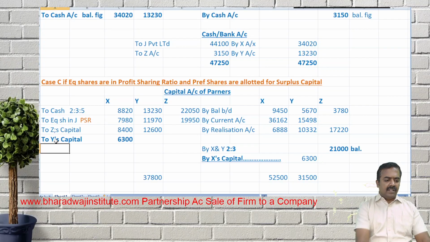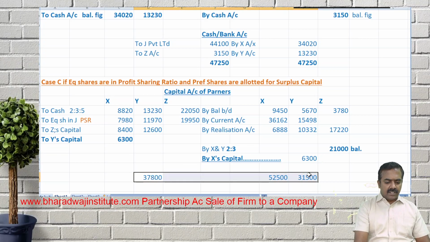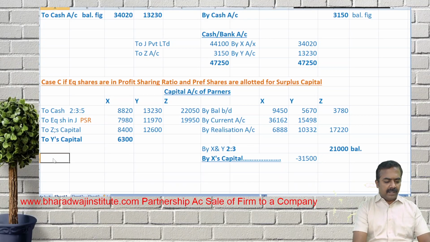After bearing everything, if there is surplus left, that will be paid to the preference shares in J Limited. Check it.